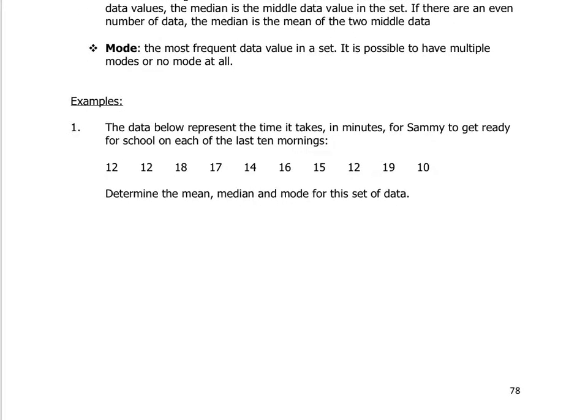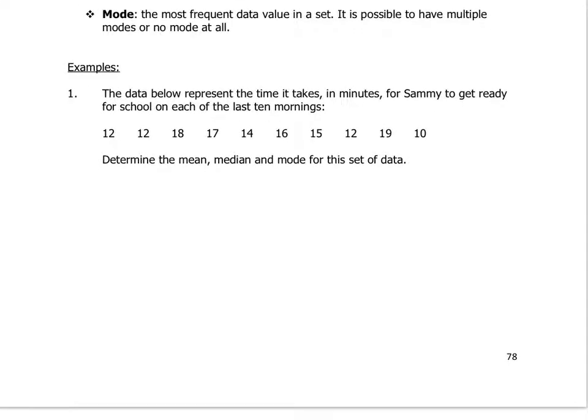So in the first example, you're asked to find the mean, median, and mode for the set of data. The mean would be to add up all the pieces of data: 12 plus 12 plus 18 plus 17 plus 14 plus 16 plus 15 plus 12 plus 19 plus 10.